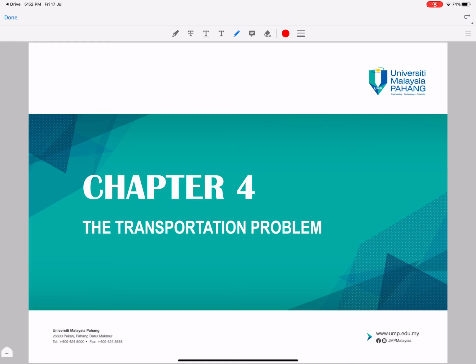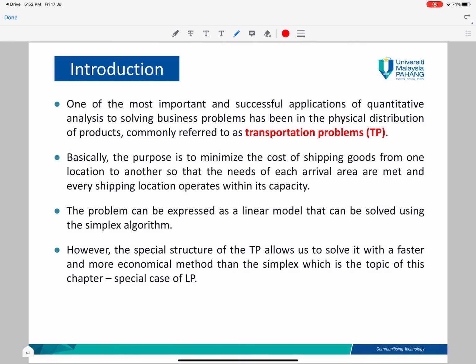Dalam lecture video kali ni kita nak tengok chapter 4, the transportation problem. Okay, basically the purpose of looking at the transportation problem is to minimize the cost of shipping goods from one location to another. Let's say kita ada kilang-kilang. Kilang-kilang ni dihasilkan barang kan, goods.